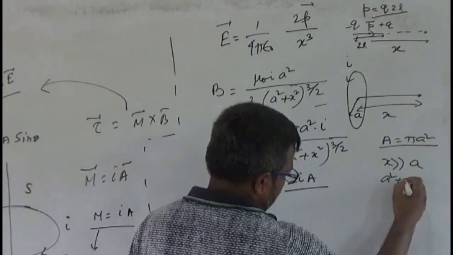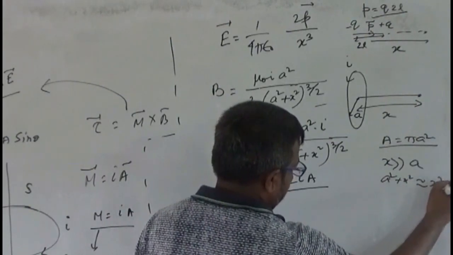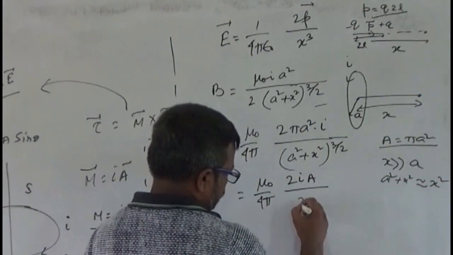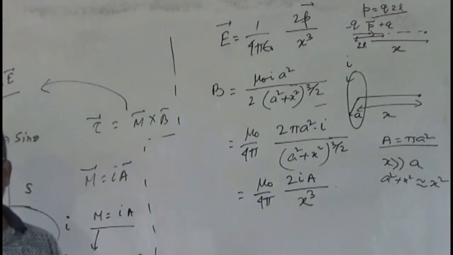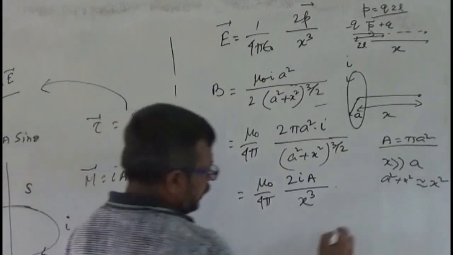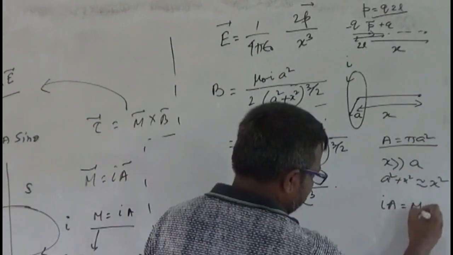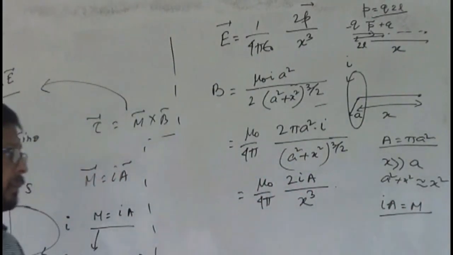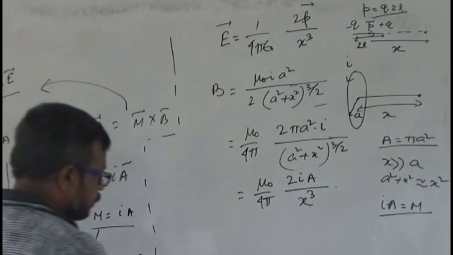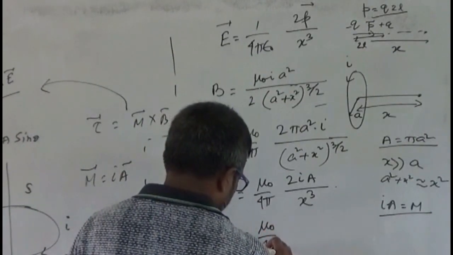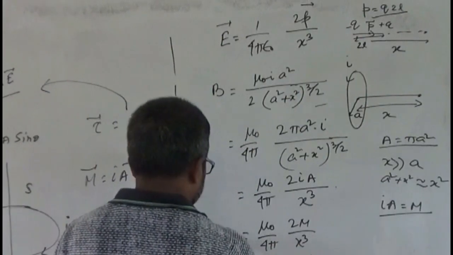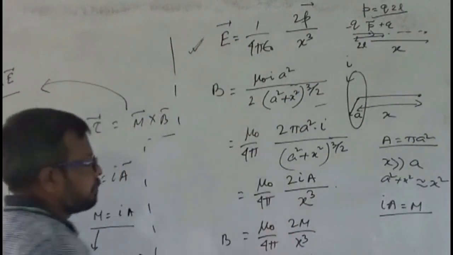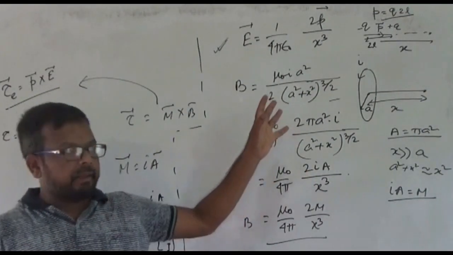So a square plus x square is nearly equal to x square, and from that we get this as mu naught by 4 pi 2IA by x cube. Now, if we replace IA by the term M, which is magnetic dipole moment, then we can write this as mu naught by 4 pi 2m by x cube. The similar expression.